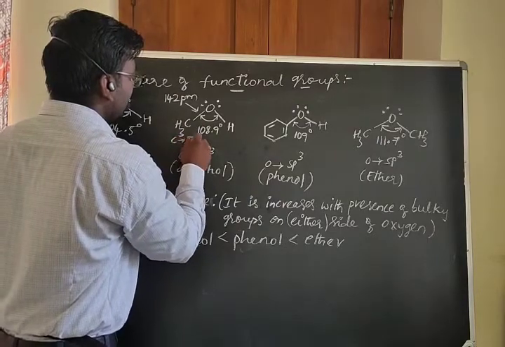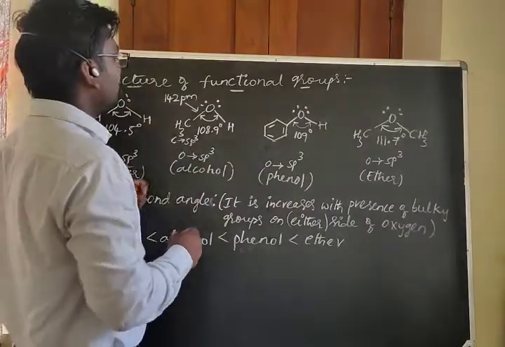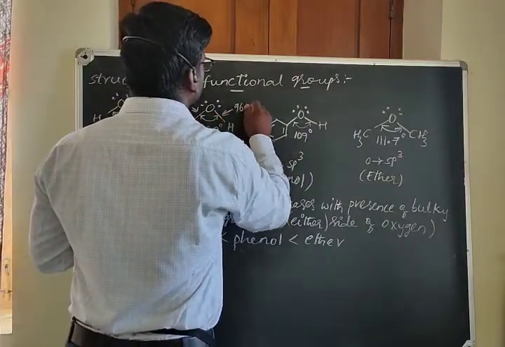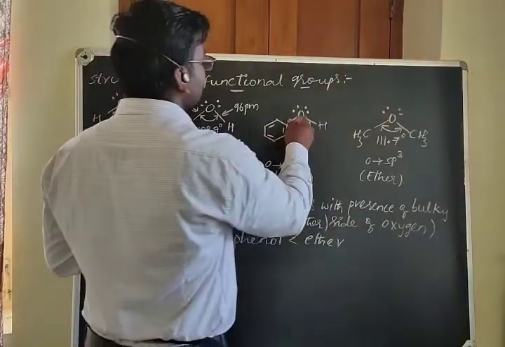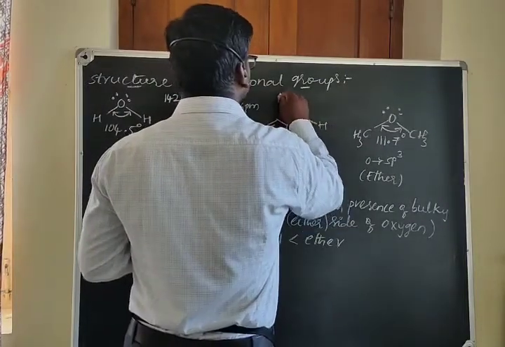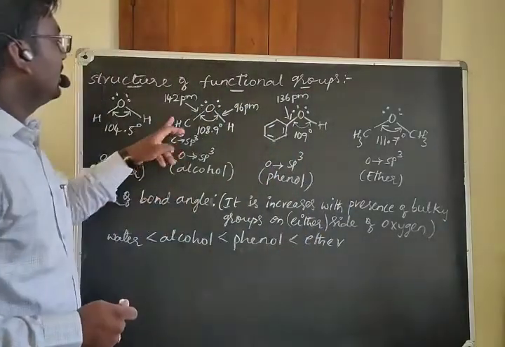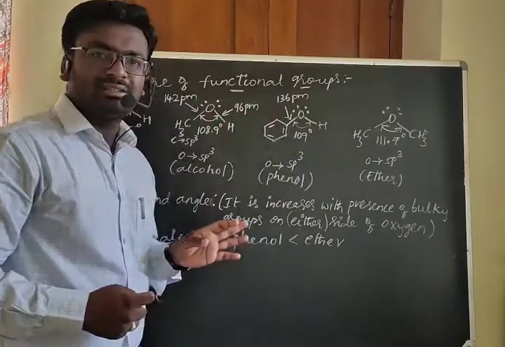And come to this OH bond length, it is found to be 96 picometers. Yes, come to this CO bond, it is about 136 picometers. Here the CO bond is 142, here the CO bond is 136.